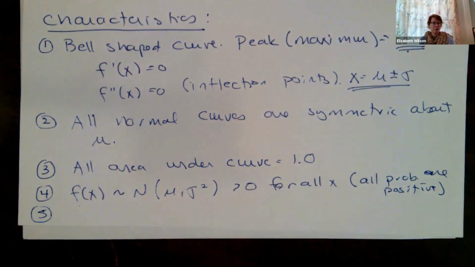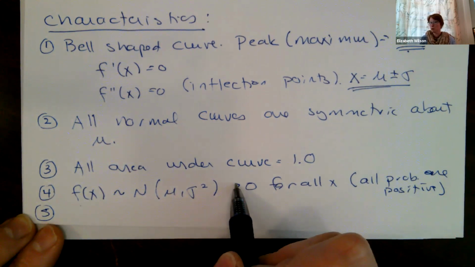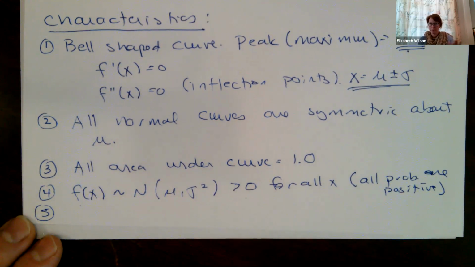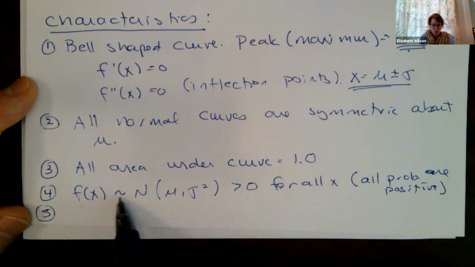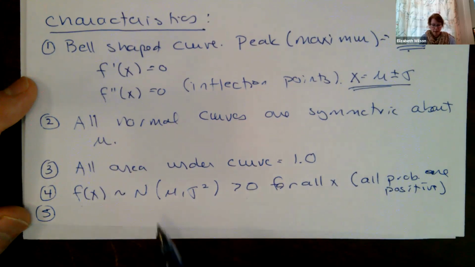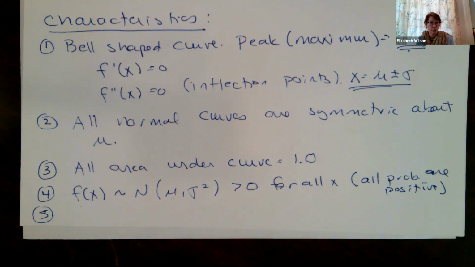It never reaches y equals 0. We're going to get super close to 0, but we're never going to reach it. This is how we write it. We say this is normally distributed. That's what the little squiggle means. Capital N of mu, sigma squared is a way of denoting a normal distribution.